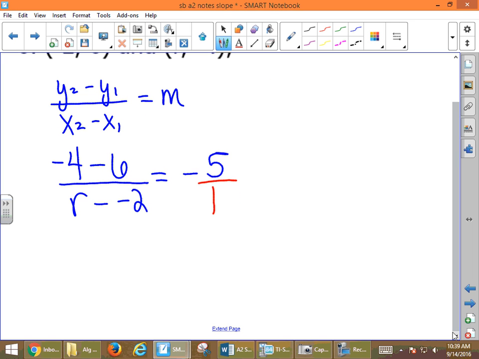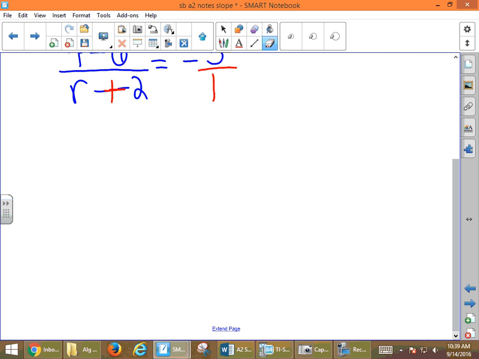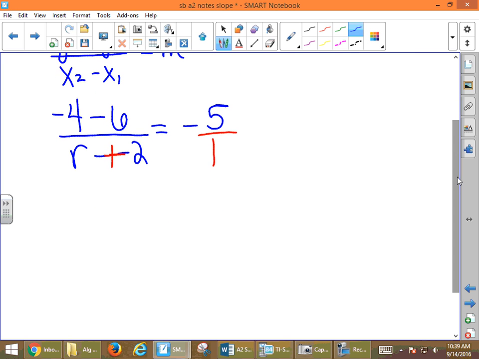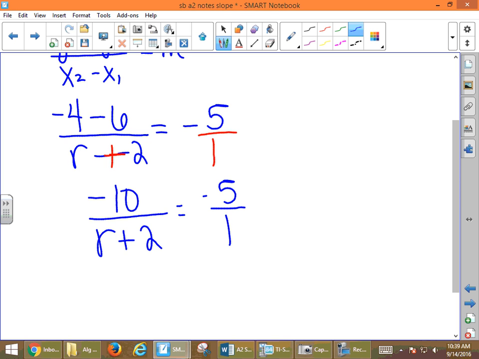And by the way, we can write this negative 5 as negative 5 over 1. What happens when we have two negatives together? It becomes positive. So let's simplify where we can, which is the negative 4 minus 6, which is negative 10. We took care of the minus and negative 2, and we came up with r plus 2, and that equals negative 5 over 1.